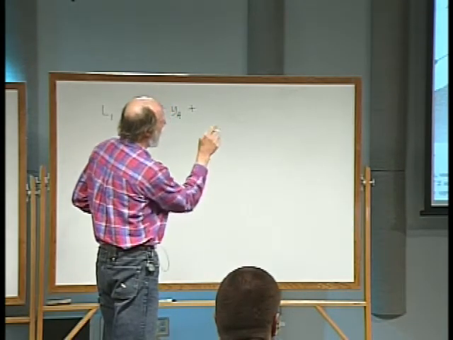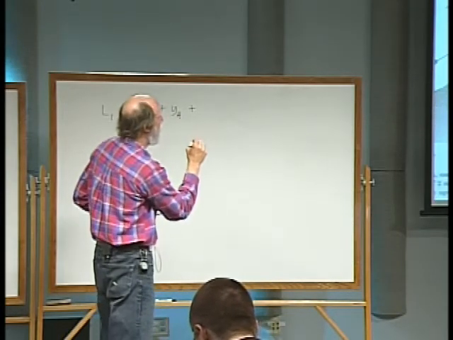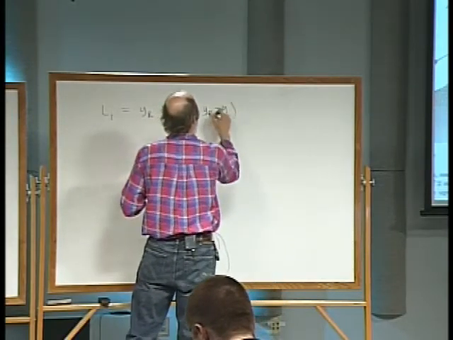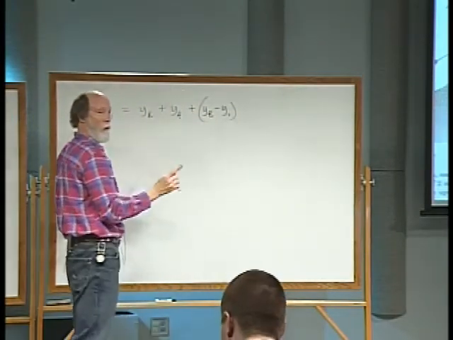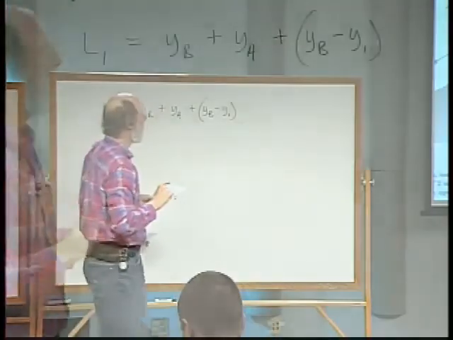Because see, y1, the way I have that labeled, y1 is over on the other cable. So what I'm doing is I'm mixing a portion of a length that's over on the other cable.